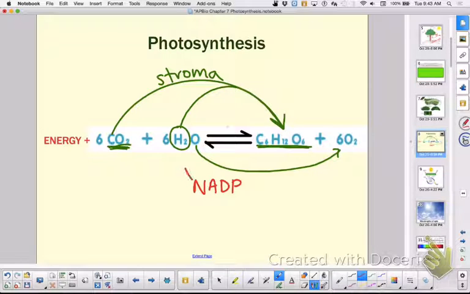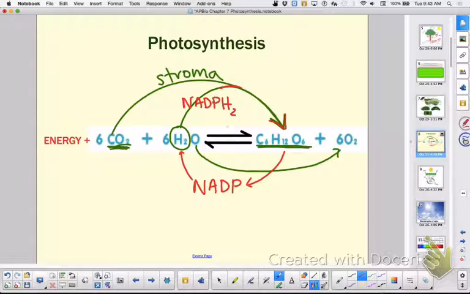NADP is going to take these hydrogens temporarily, and it's going to become NADPH2, and it's going to be the one who actually gives those electrons to the CO2, and then guess what? Once it gives them, it reforms NADP again.